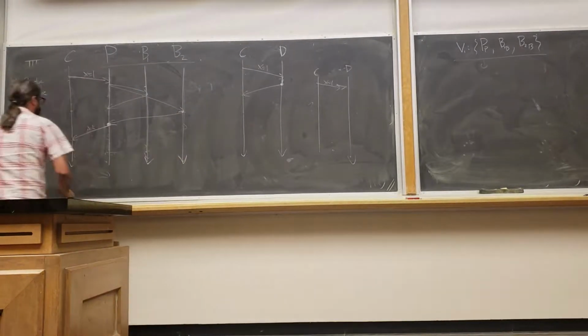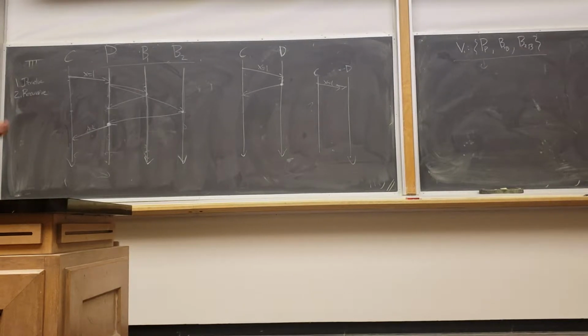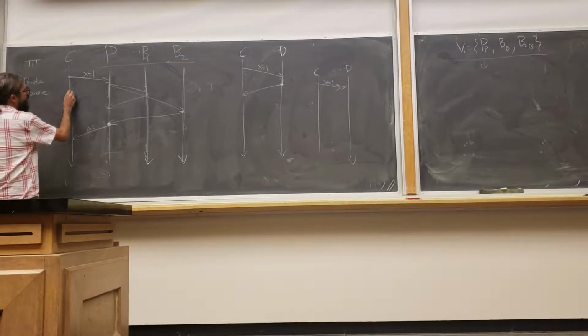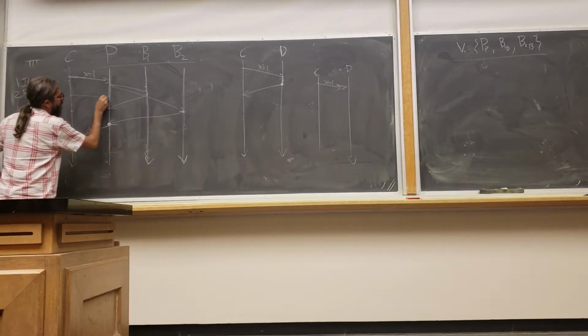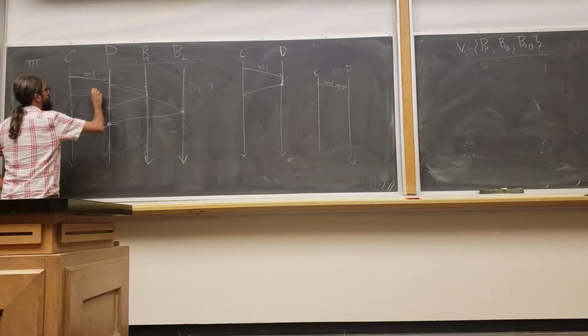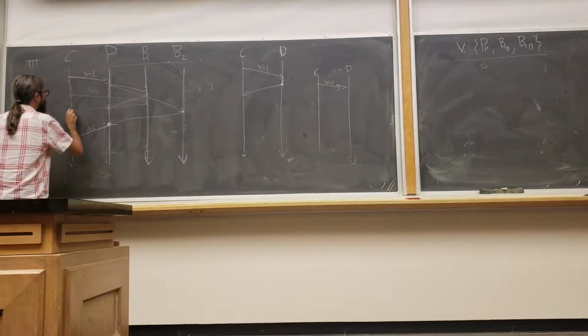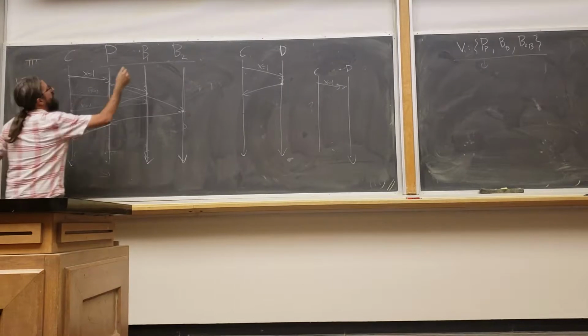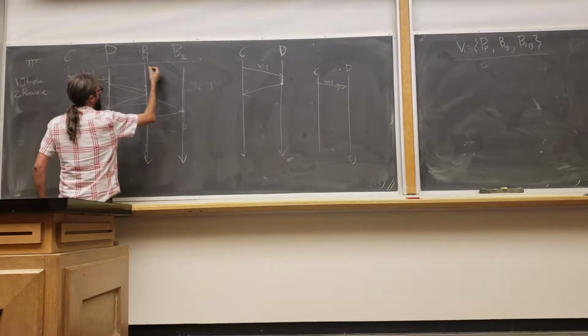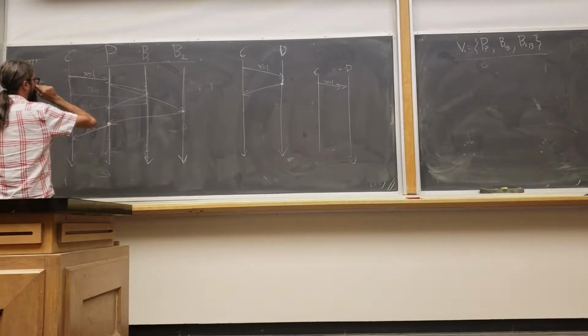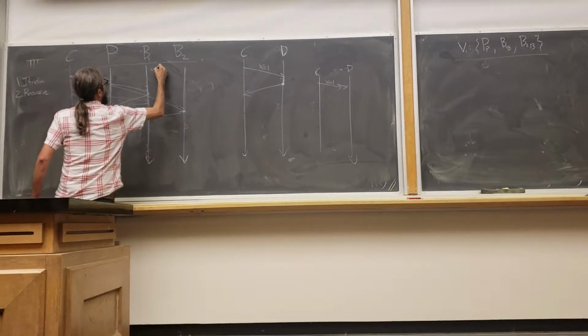And as I showed you, let me see if I can do this with colored chalk, what we're concerned about is the following. That this client could say, what is the value of X, please? And this backup could say, X is 1. And let's imagine that it was initialized to 0. Okay?